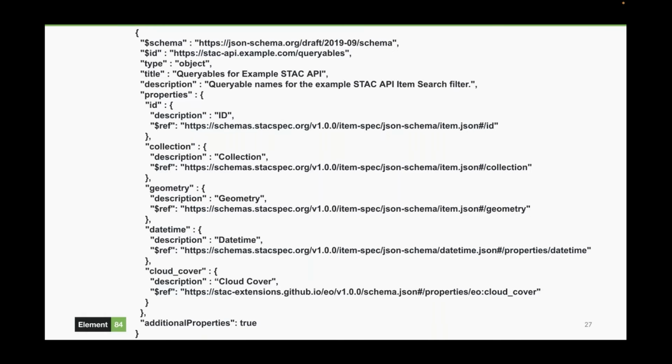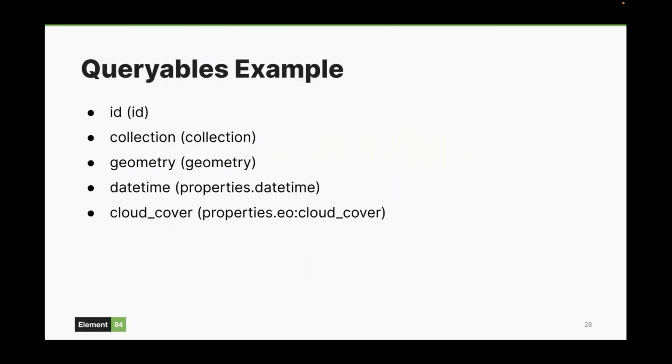And even better, we're actually referencing the JSON schemas that are used in the definition of these properties in STAC. For datetime, we're referencing the core item spec. For cloud cover, we're referencing the EO extension. And so we don't have to redefine them. We get really, really high quality definitions automatically.